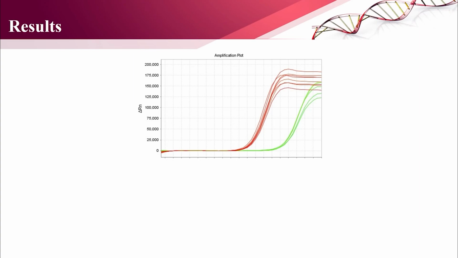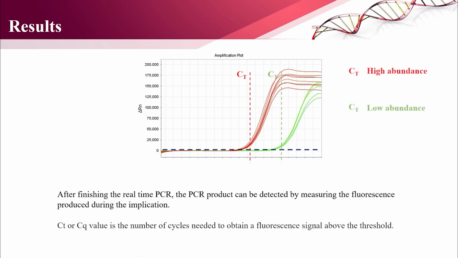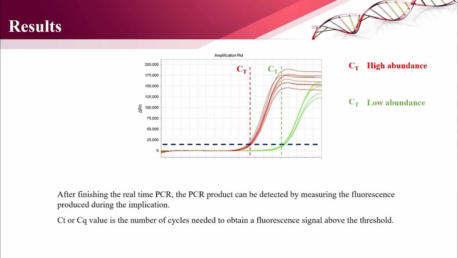The CT is also called cycle threshold or Cq, which is the quantification cycle. This value represents the number of cycles required to detect a fluorescence signal above a set threshold. As we can see, this value is important because it indicates the relative abundance of the target DNA.